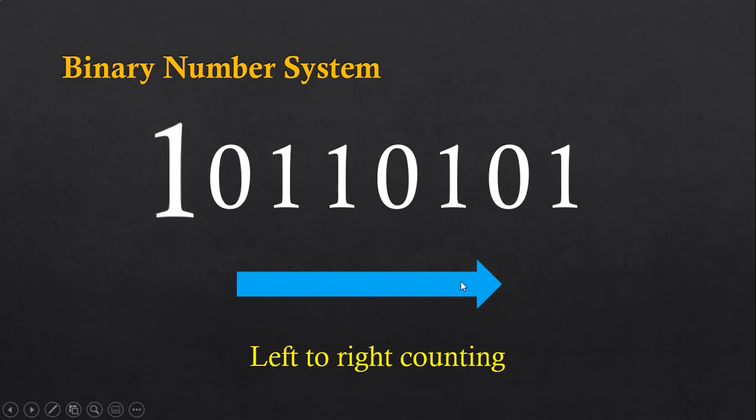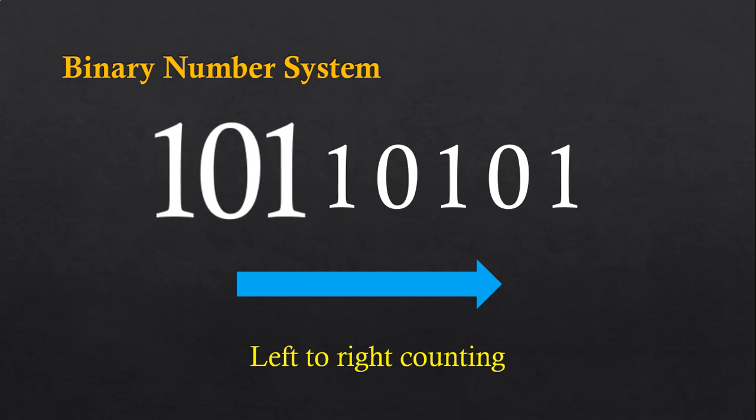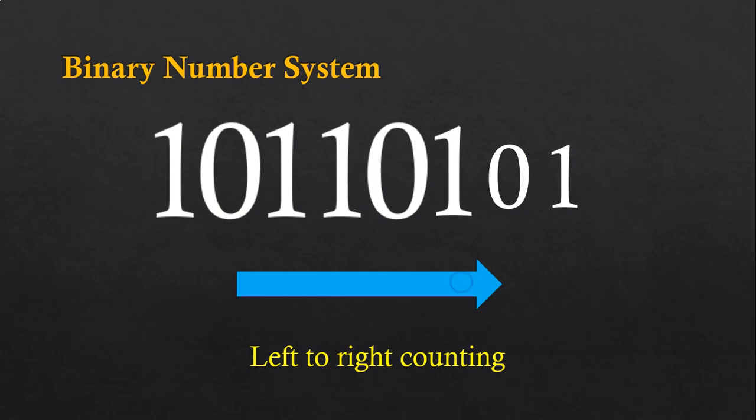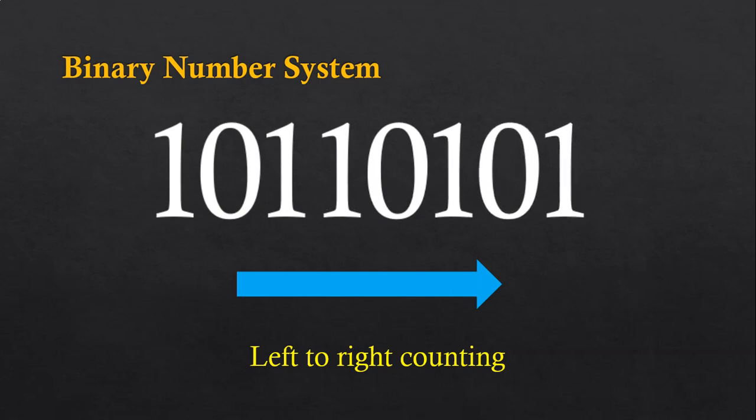This is MSB. Then this is called second MSB. I repeat, this is MSB, then this is second MSB, this is third MSB, fourth MSB, fifth MSB, sixth MSB, seventh MSB, and the last one is LSB.